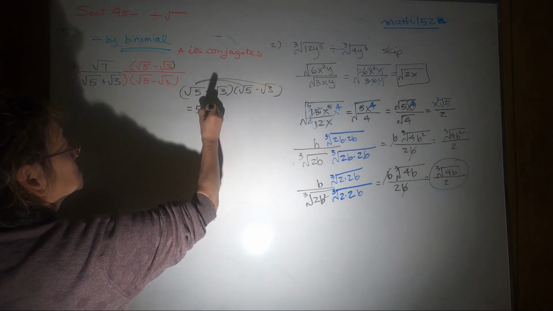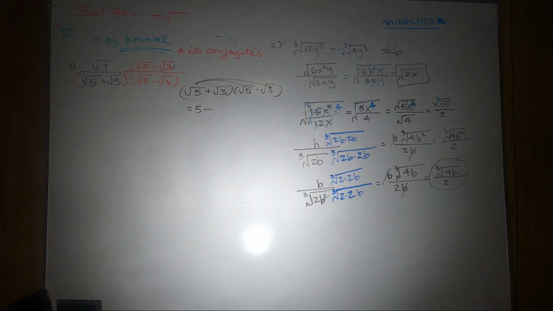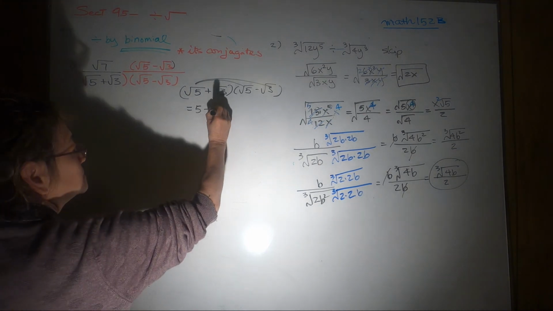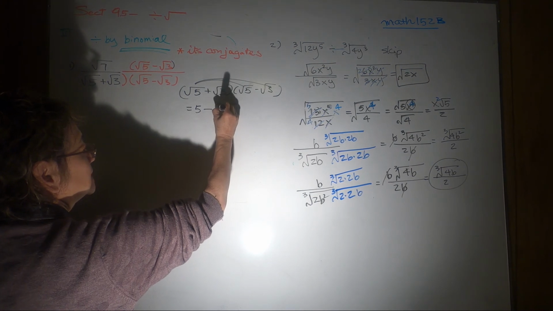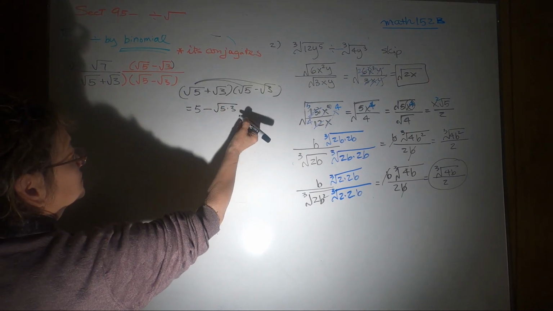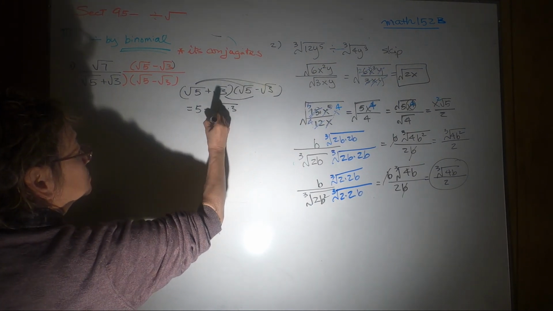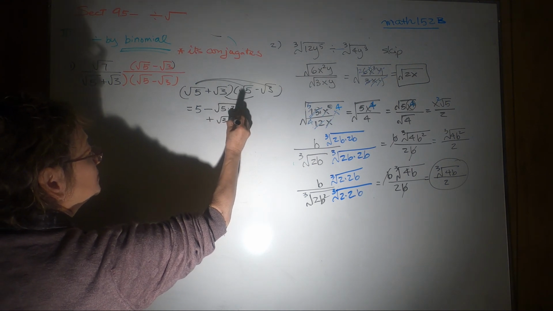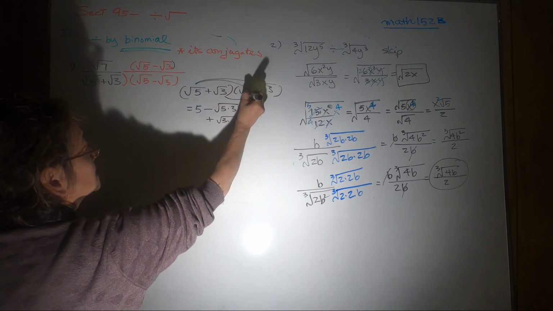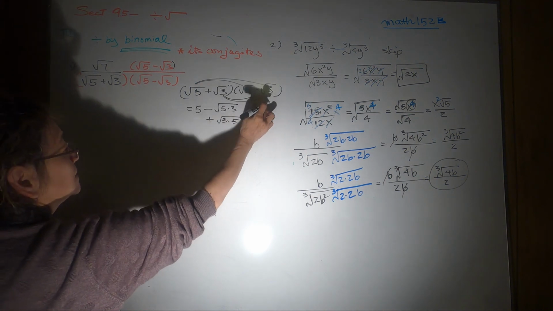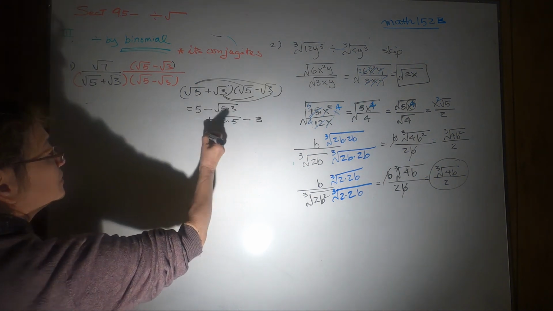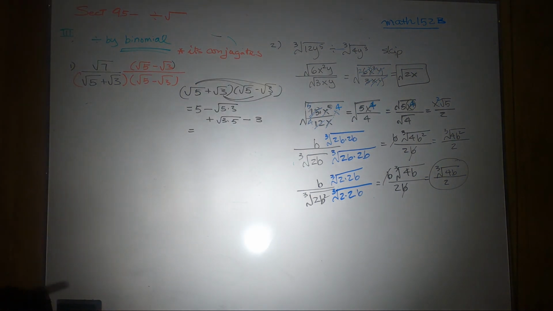This one, square root of 5 times square root of 3, same radicals, you just put things inside, becomes what? Square root of 5 times 3, which is 15. And this one is plus what? Square root of 3 times 5. Then the last term, square root of 3 times square root of 3 is what? 3. Is that right?